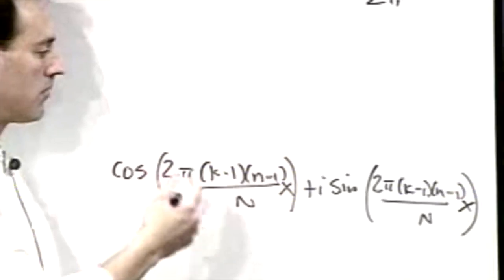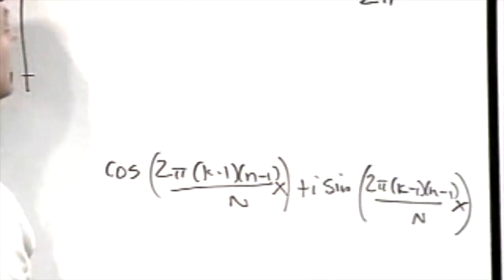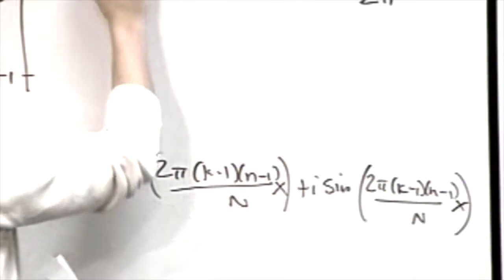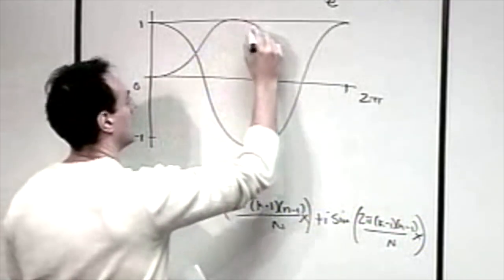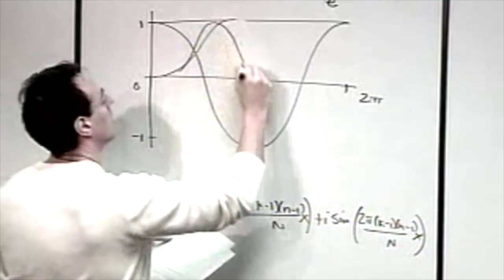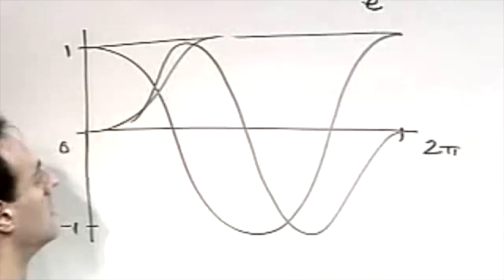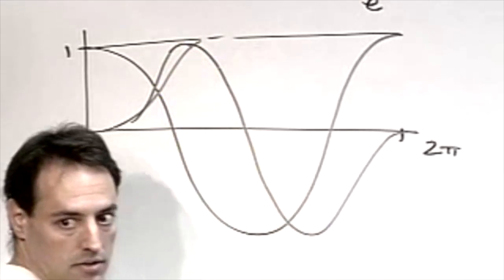And then I can build up different basis functions from here. The next one's going to be a cosine that does this, a sine that does this. What does my sine want to do? It does this. All these functions are generated from picking different integers here.